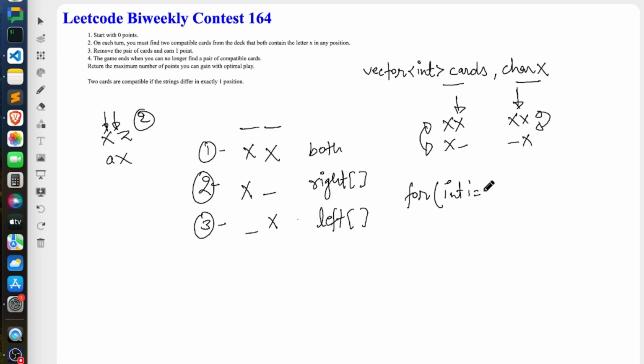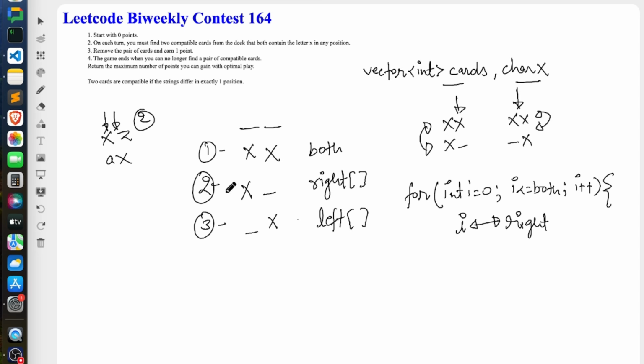for int i equals 0, i less than or equals to both, i plus plus. Now we will try to find the compatible pair having i number of cards of type 1 with type 2, using the right array.